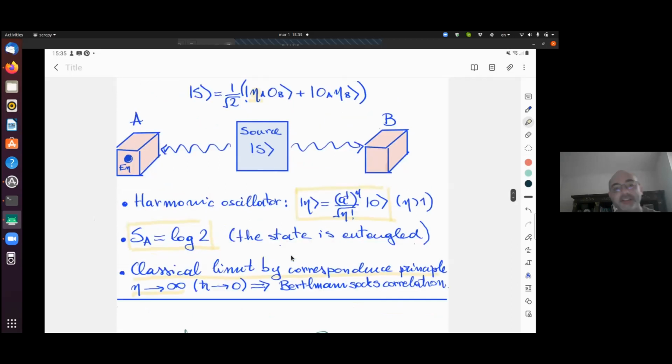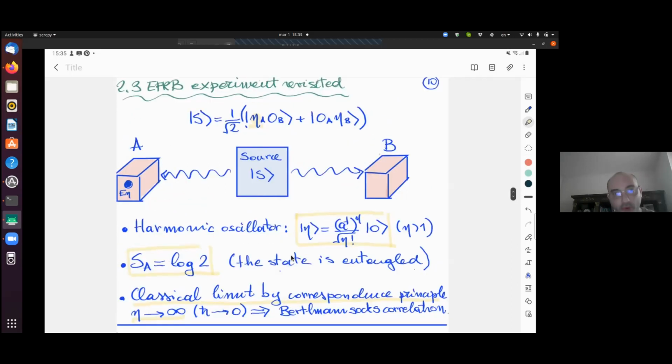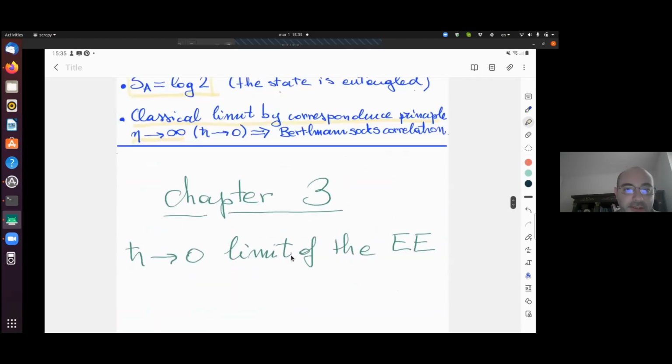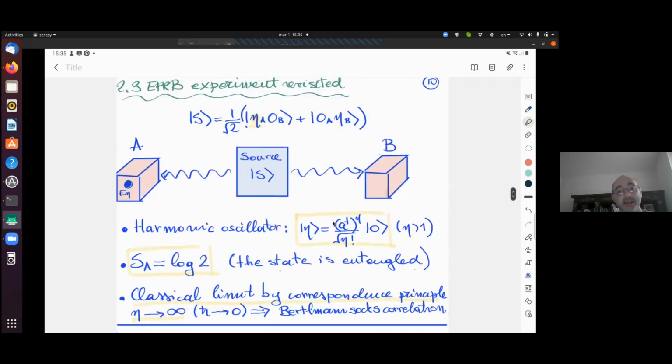So this is the main point, and perhaps it should already be stated here. The entanglement entropy is just a number, and it doesn't really tell us much about the correlation that we observe and measure in the system.